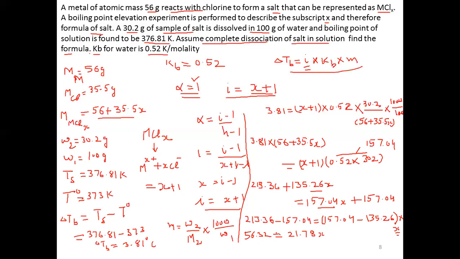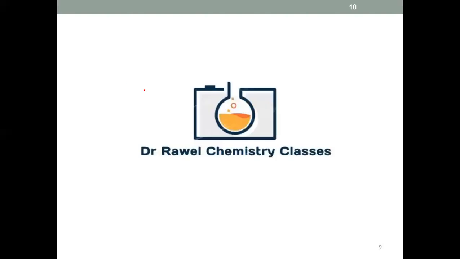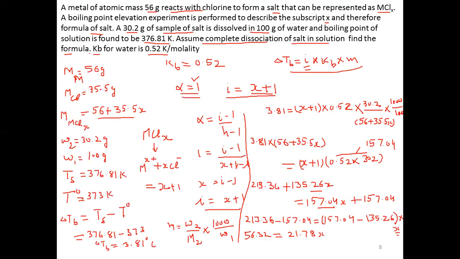This gives us x is equal to 56.32 divided by 21.78, which is 2.58.